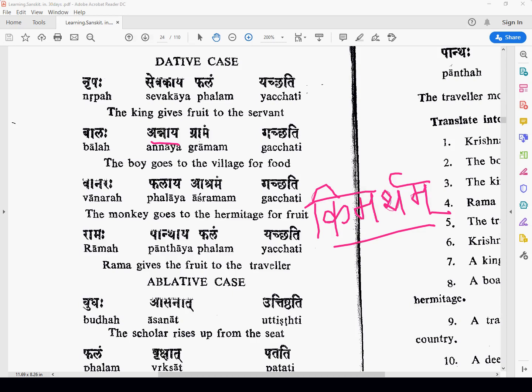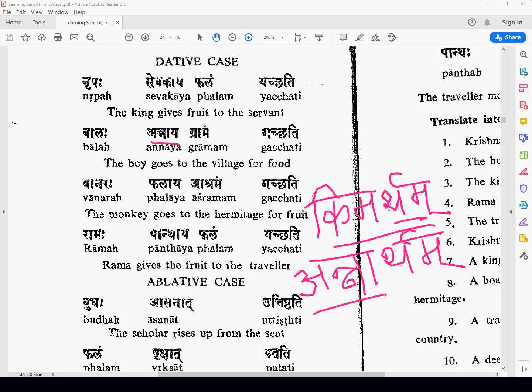Balaha Kimartham Gramam Gachati. For what purpose is he going? The answer can be two ways again. We can use Annaya or we can also use Annartham. We can use this Anna combined with this Artham only, because Kim Artham you are asking, so I'll say Annartham. Annartham literally means for the purpose of food.